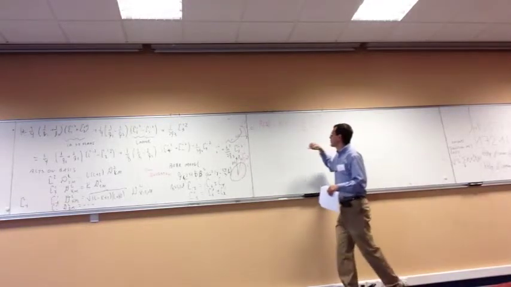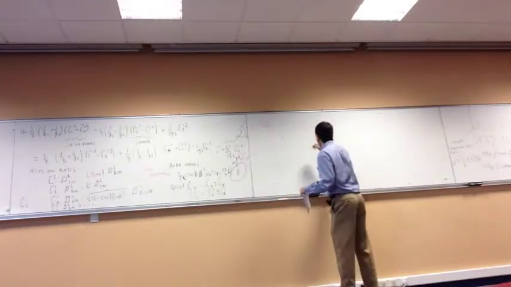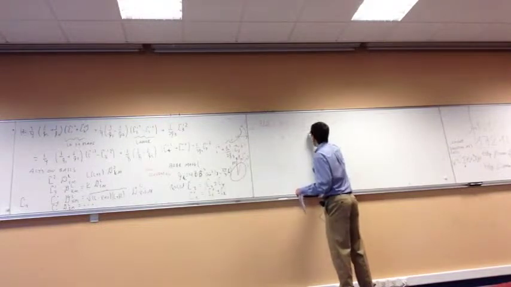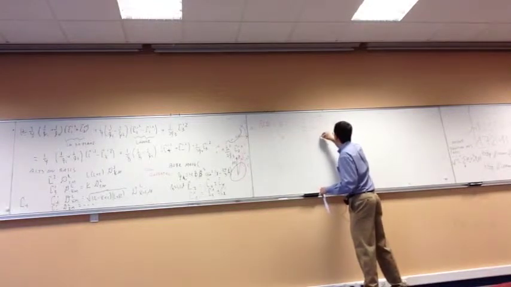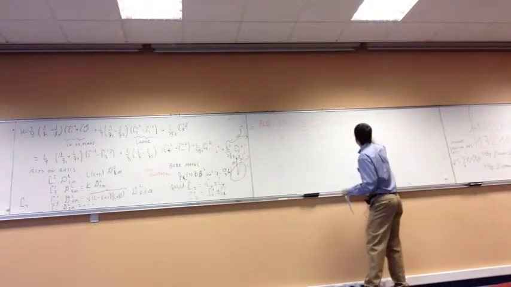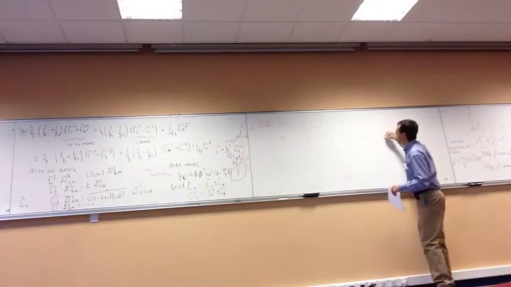This is probably easier to write, and less likely to get wrong, if I expand this out. This can be written as a sum over m prime. We have to insert a resolution of the identity, so we have L m prime, rotation operator, L m.